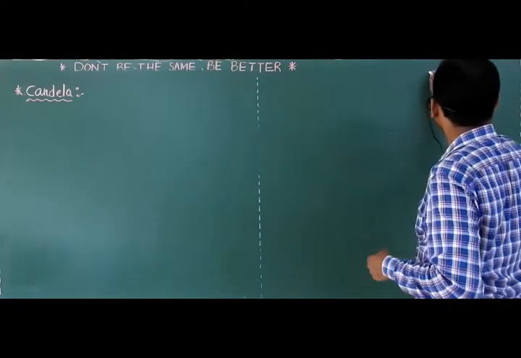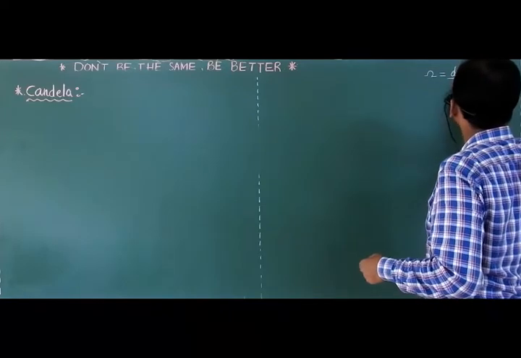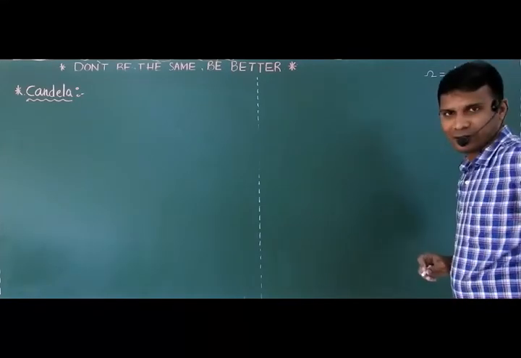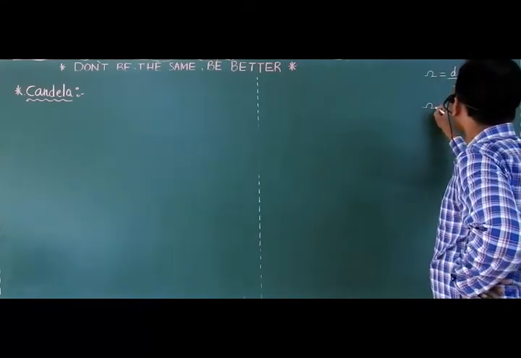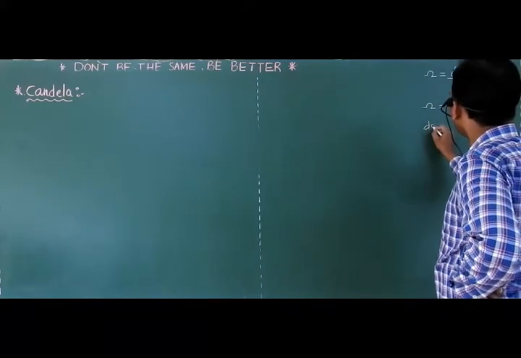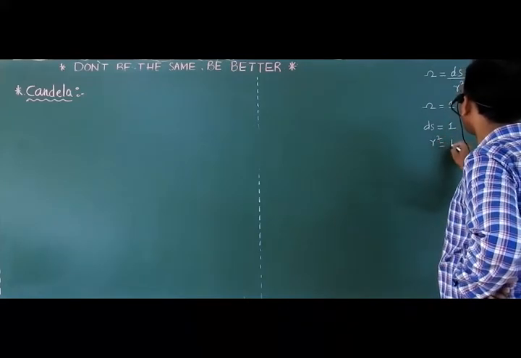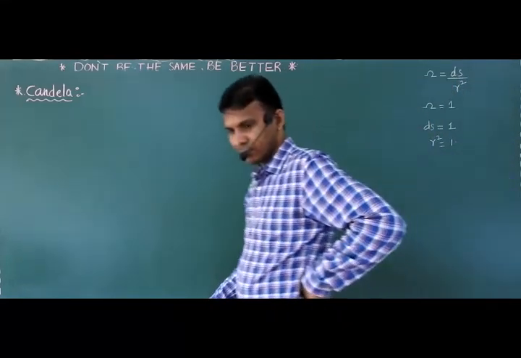For one steradian, just now we found Ω equals dS by r squared. Ω is equal to 1 when dS is equal to 1 and r squared is equal to 1.